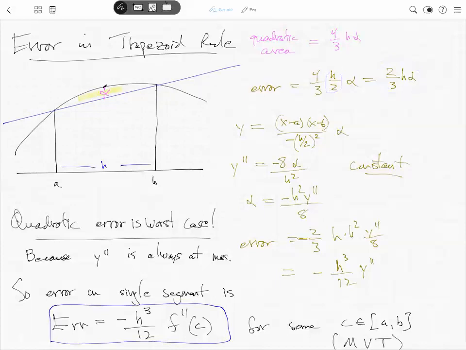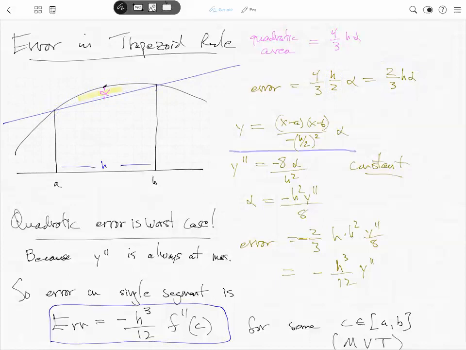Okay, now I'm going to use the same trick I used the other day. I'm going to assume that we flattened out this bump so that these two endpoints are on the x-axis, so that the function is actually 0 at those points. That won't affect the area.